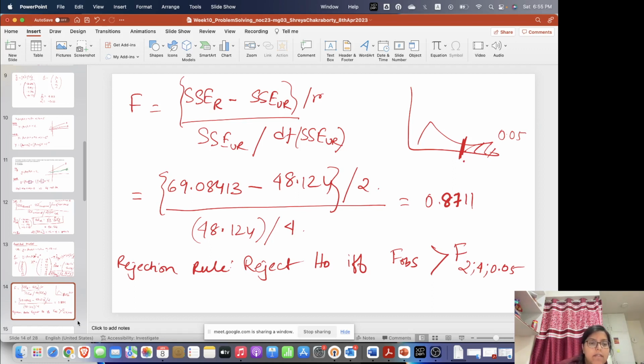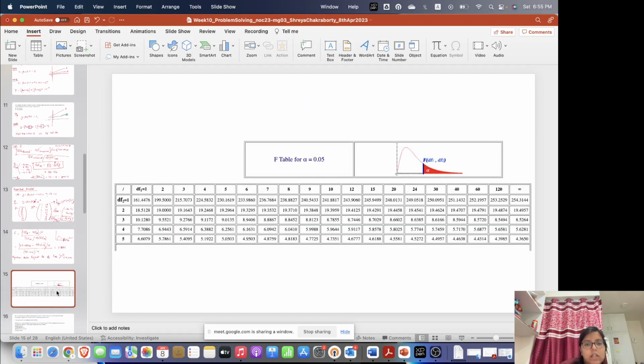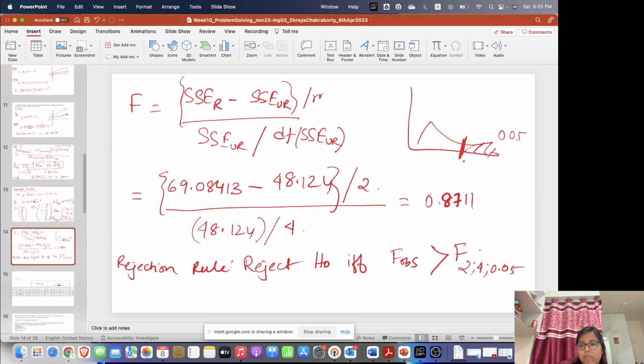From the F table, we are now going to find this cutoff point. Here we have the F table. We want to find F 2,4, given for alpha 0.05. So F 2,4 is this value, 6.94.